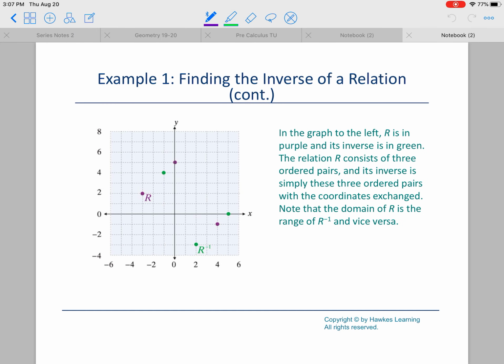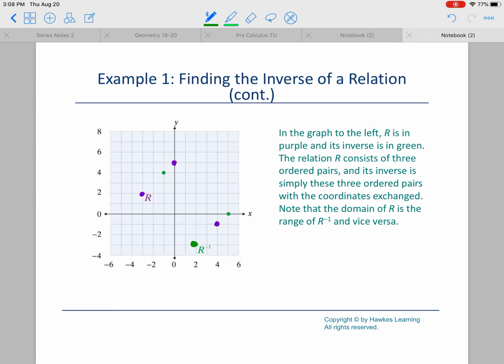Okay, and now let's look at it on the graph. So here in purple is my original relation. Here I have the point (-3, 2), I have (0, 5), and I have (4, -1). That's my original relation. And then the green points are its inverse points. So the (-3, 2) changed to (2, -3), which is down here.